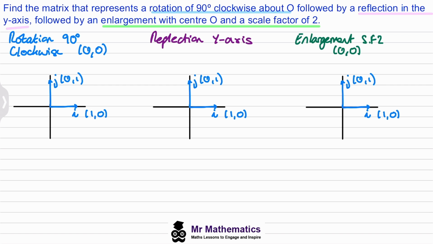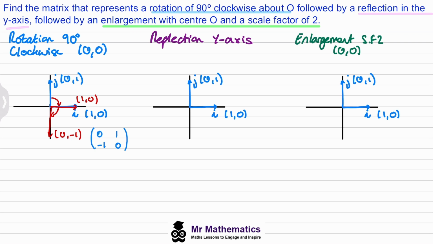So if we begin with the rotation, we'll rotate the i component 90 degrees clockwise, and this image has coordinates 0 and -1. We'll rotate the j component 90 degrees clockwise. This will land here with coordinates 1, 0. So this will give us a rotation matrix of 0, -1, 1, and 0.